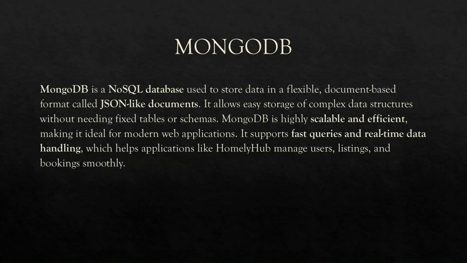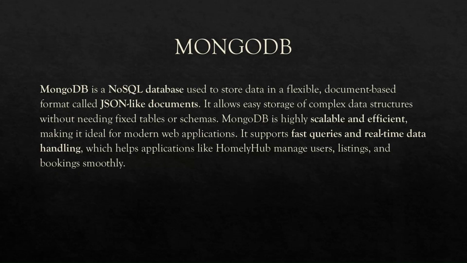MongoDB is a NoSQL database used to store data in a flexible, document-based format called JSON-like documents. It allows easy storage of complex data structures without needing a fixed tabular schema. MongoDB is highly scalable and efficient, making it ideal for modern web applications.